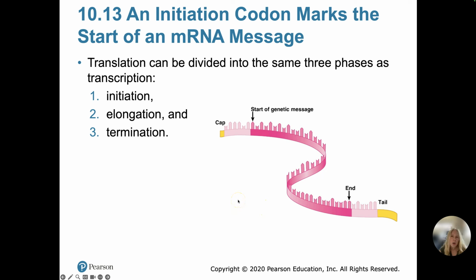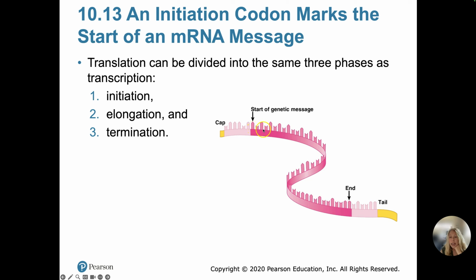An initiation codon marks the start of an mRNA message. Translation can be divided into the same 3 phases as transcription. We have initiation, elongation, and finally termination. So we see the cap in this mRNA molecule and the tail, which just help protect the molecule from degradation.